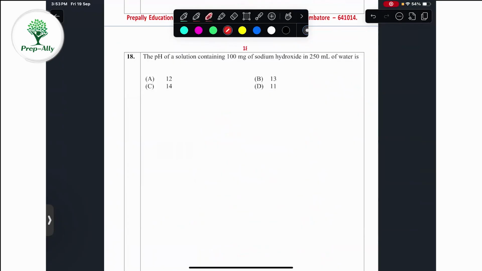pH of the solution containing 100 mg. Mg means milligram. Okay. In 250 ml of water, I have sodium hydroxide, which has a molecular formula of NaOH, right? So I have to calculate the pH.